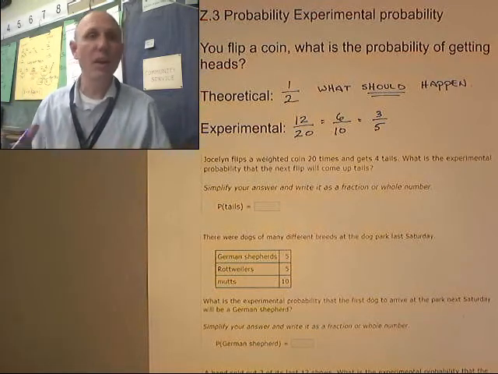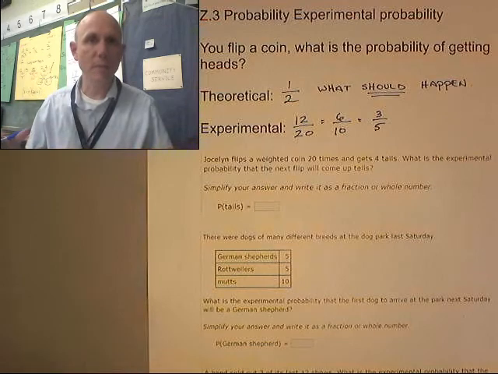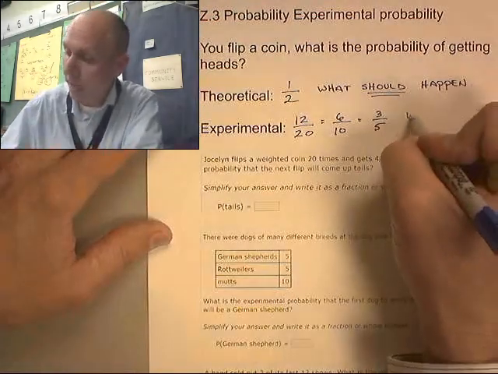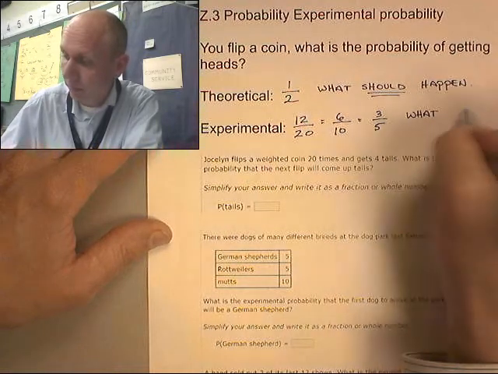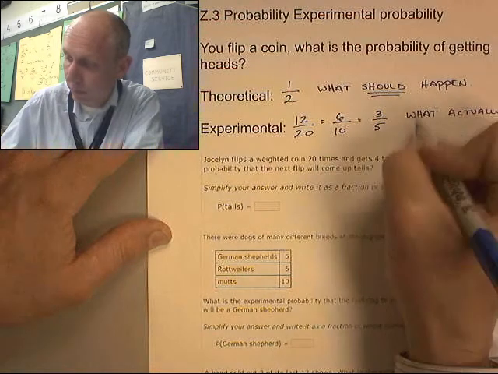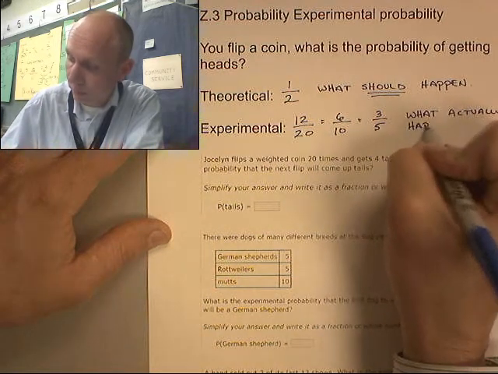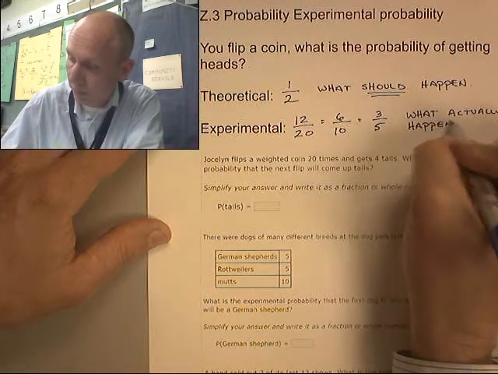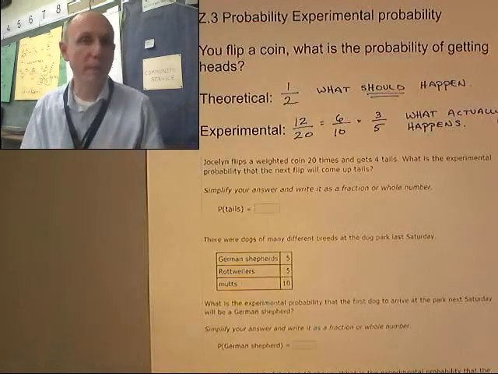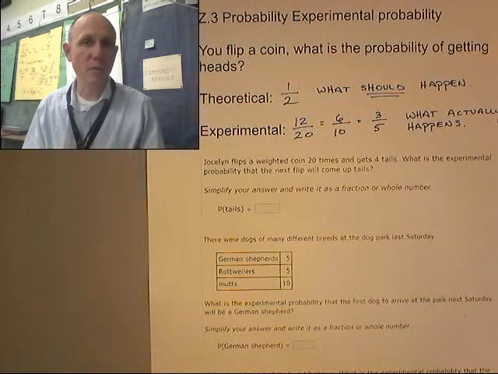The theoretical is how I calculate it and I can do all these numbers. It's what should happen, but the experimental is what actually happened. And that's the difference between the theoretical probability and the experimental probability.